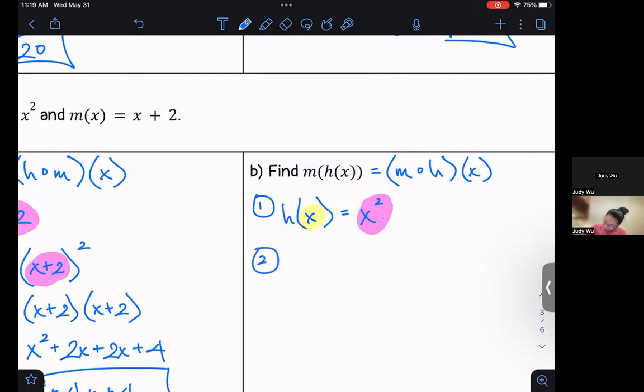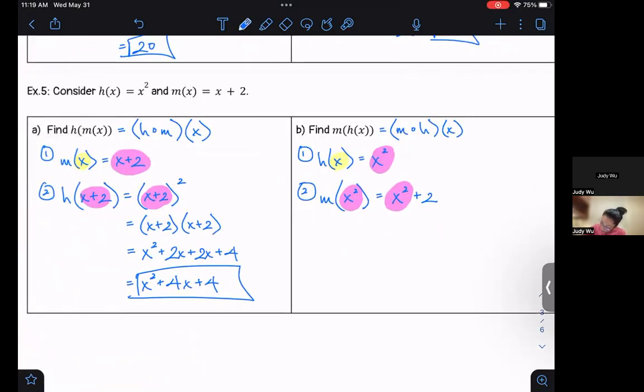And then the second thing I'm going to do is now I'm going to find m of the output of x squared. And that means I get x squared plus 2, because everywhere I see the x in the m function, I'm going to replace it with x squared. Now, x squared plus 2, I can't simplify anymore, so that is just my composite function.